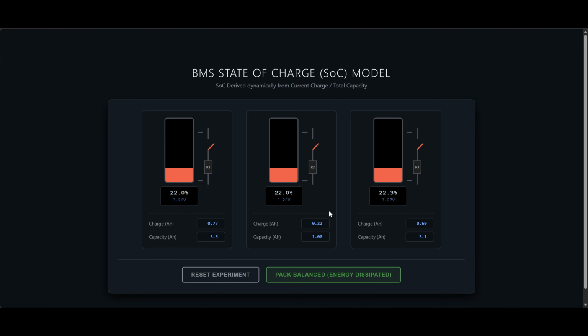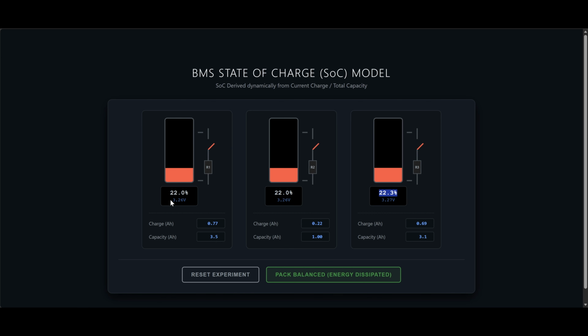So here you can see the charge stored in individual cells will be different, right? So here it is 0.77 and here it is 0.22 and here it is 0.67. But over here, if you see the SOC, these will have very little difference.